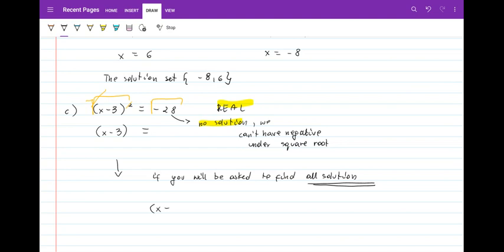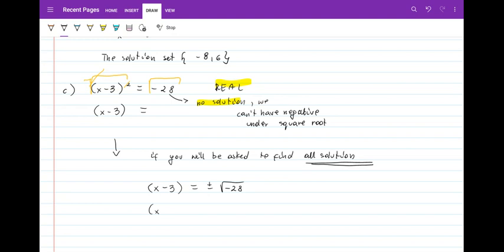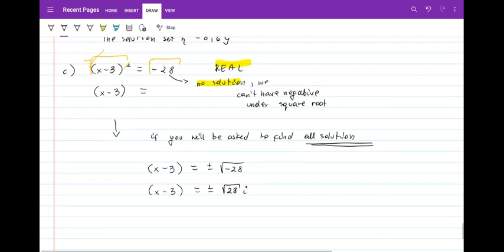You will do x minus 3 equals plus or minus the square root of negative 28, and that will give you x minus 3 equals plus or minus the square root of 28 i. Okay, and then you will solve two equations. x minus 3 is equal to the square root of 28 i, and x minus 3 is equal to negative the square root of 28 i.